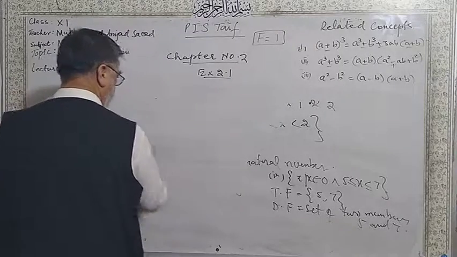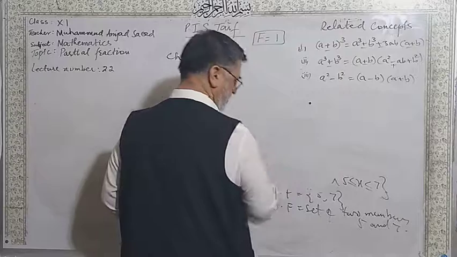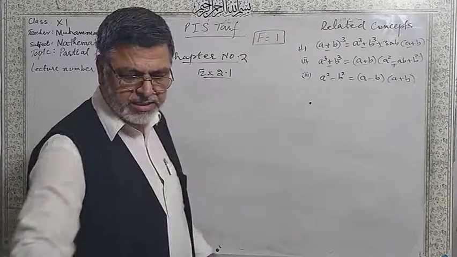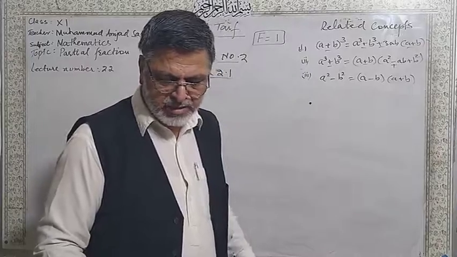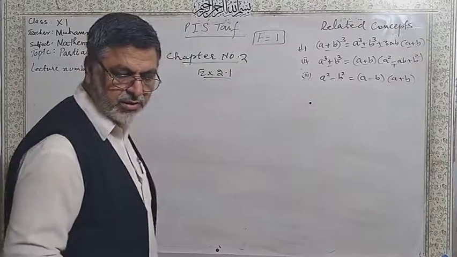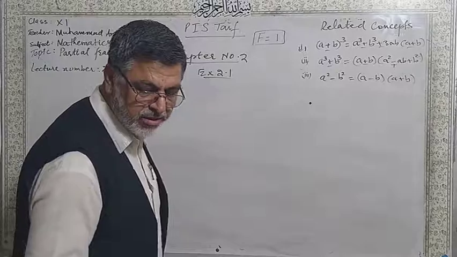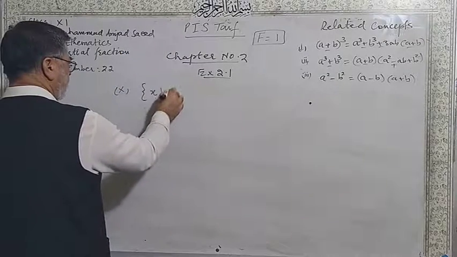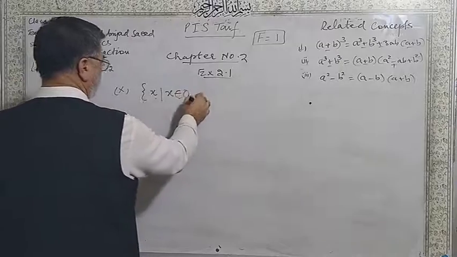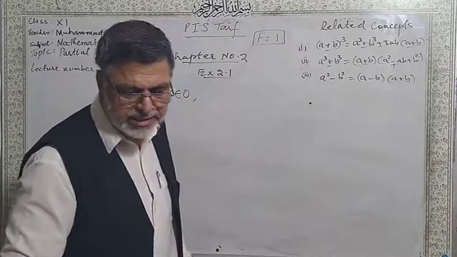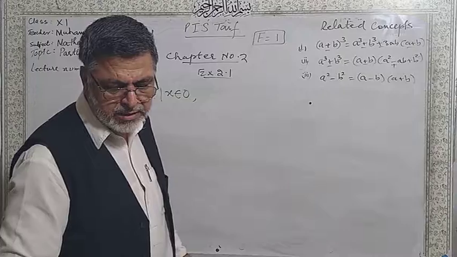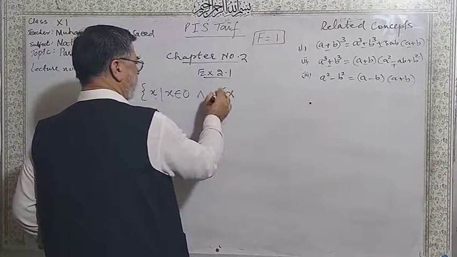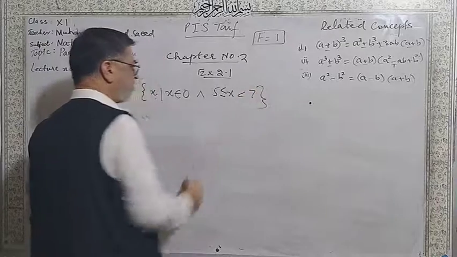So here, I hope that you can complete the other parts of this question number 2. For example, we have part number 10, x such that x belongs to O, and x is greater than or equal to 5 and less than 7.